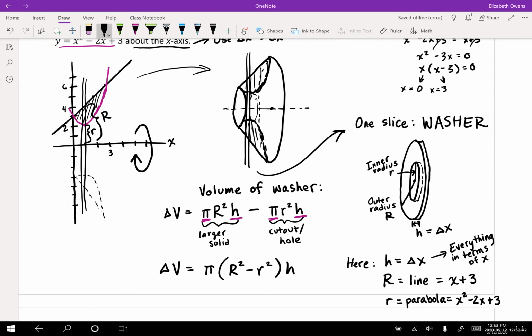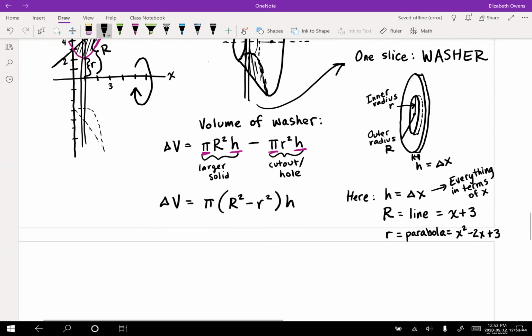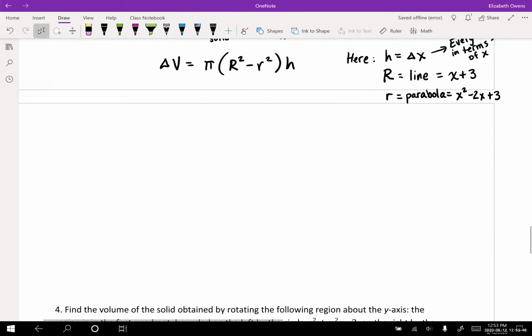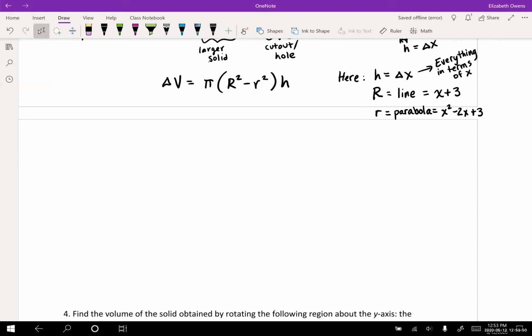And then, yeah, this does take a little bit more finagling to simplify our little delta v expression. Delta v turns out to not be quite so little, because for a big R squared, we need to take x plus 3 and square it, and then subtract little r squared.